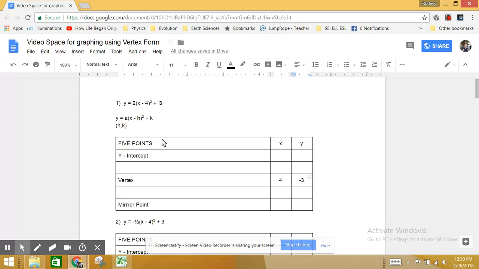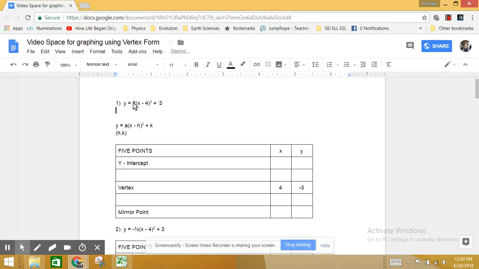Cool. Take a moment and check and see if that makes sense to you. The next thing we can figure out is our y-intercept. The y-intercept is what we get if x becomes 0. So I'm going to replace x with 0, and then we solve the whole thing.